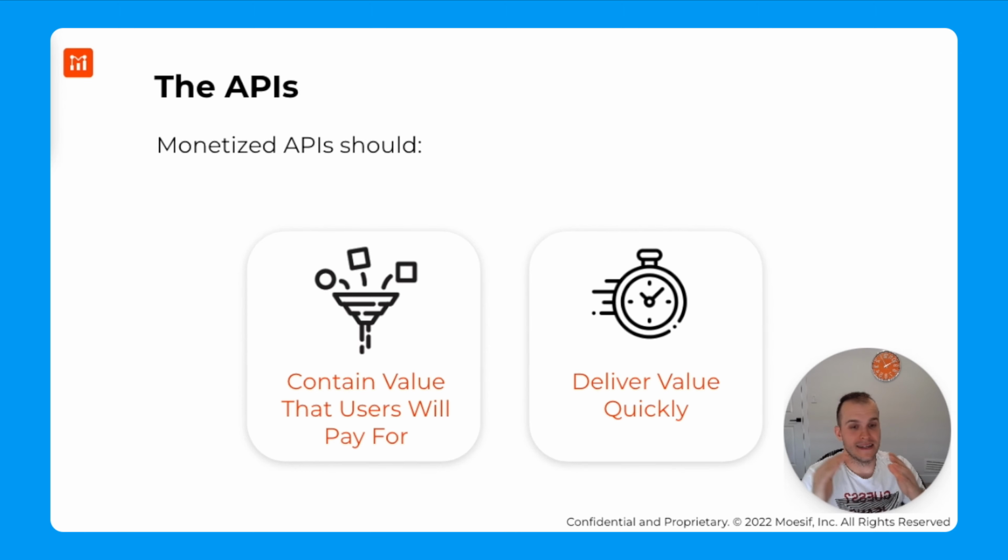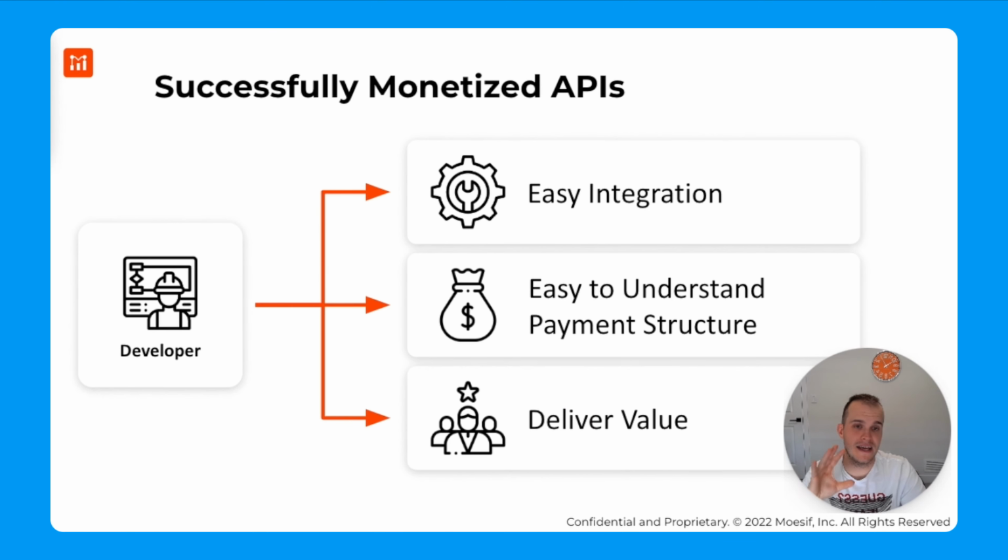This second point is deliver value quickly, which means we need people to be able to essentially send a request and get a response that gives them value within their product that they're likely building on top of your API. Successfully monetized APIs do at least three things. They enable developers to have an easy integration.